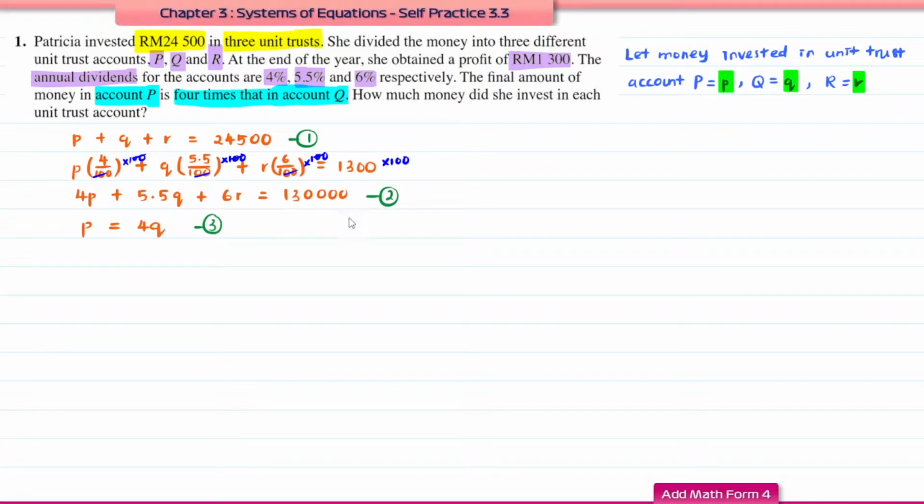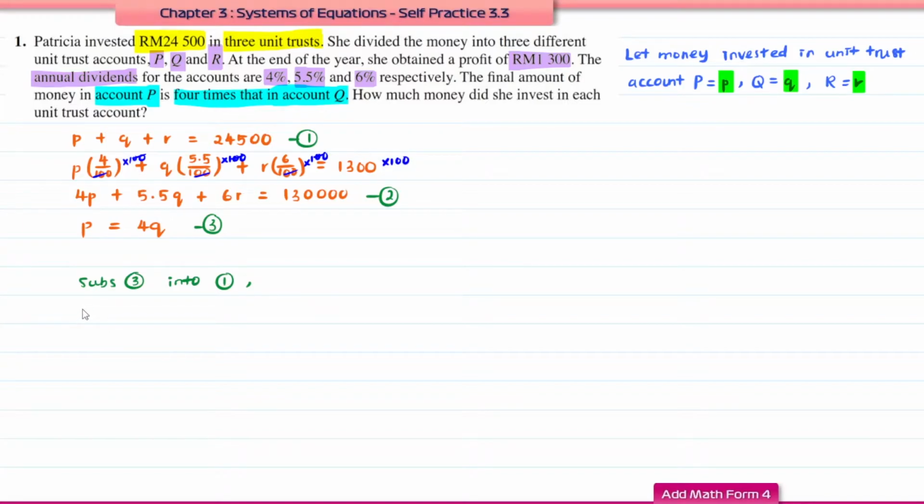Here, I'm going to use the method of substitution. In equation 3, I already have p as the subject of the formula. Therefore, I'm going to substitute equation 3 into equation 1. The p here, we're going to substitute with 4q.